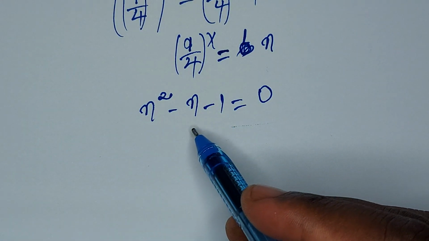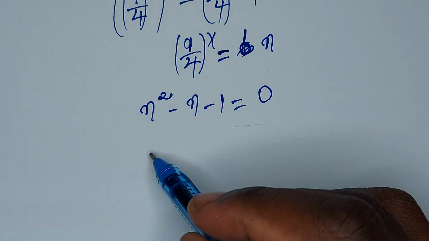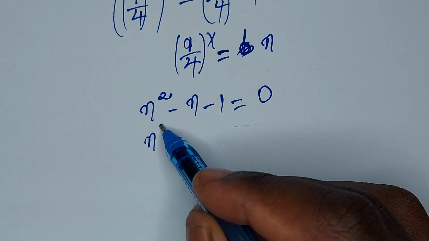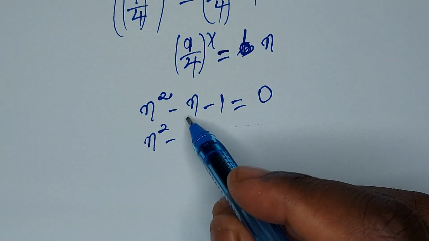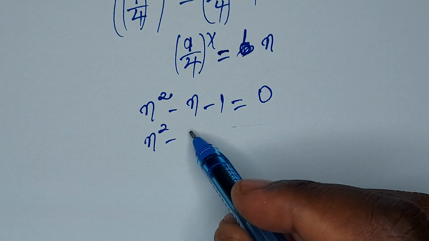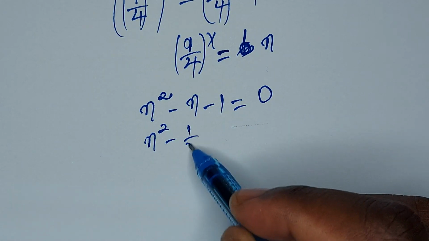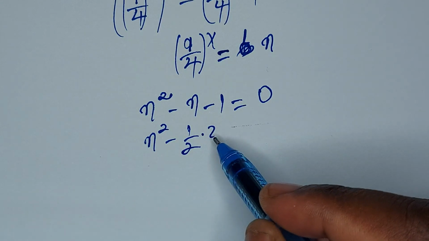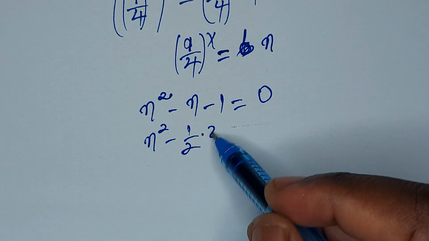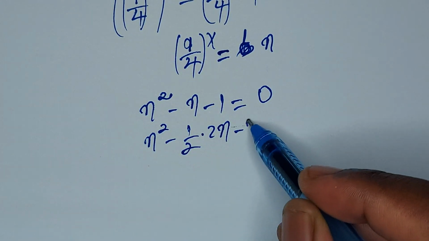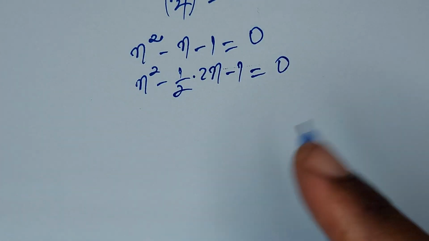So this would be what? I'm going to say n squared minus, I'm going to multiply this n by half, and divide by 2 and multiply by 2, the same thing, minus 1 equals 0.